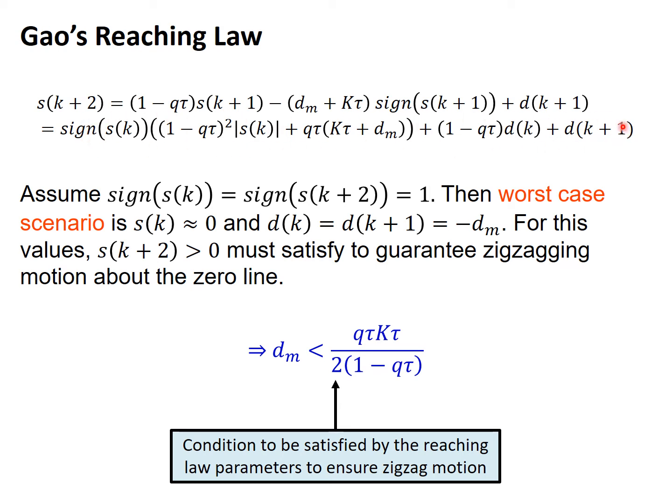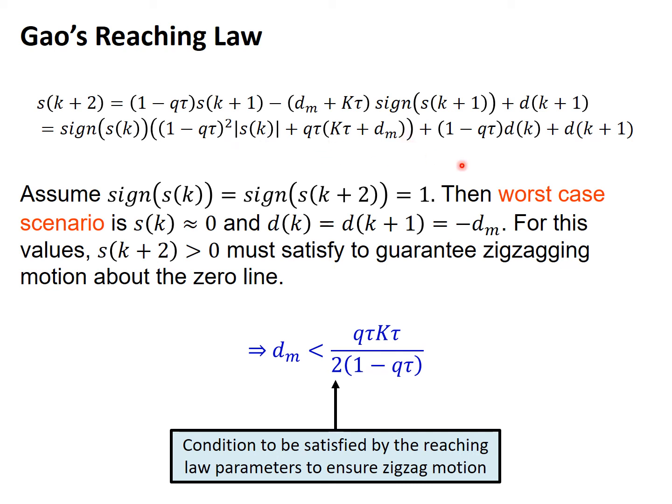Whatever quantities in this RHS are variable quantities, we will try to take the absolute minimum of those variables. So here sine of sk is already 1 because it is positive, but sk is a variable, it is positive, it can take any positive value, but the least positive it can take is nearly 0. So we have assumed this to be 0.